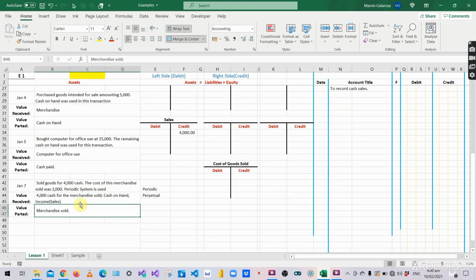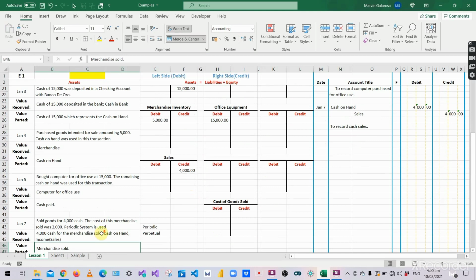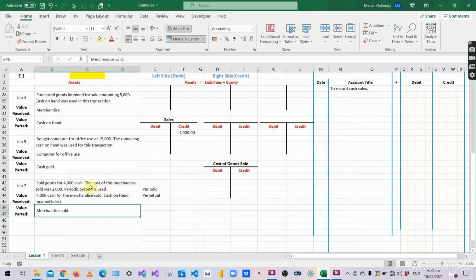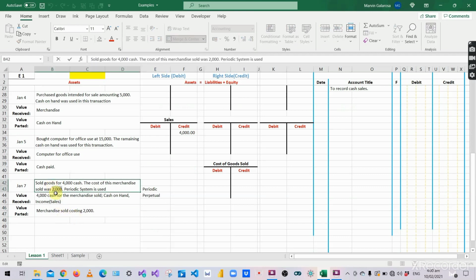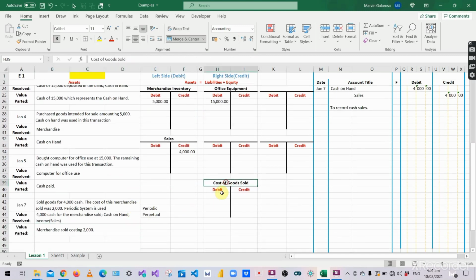So, dito naman tayo sa value parted. So, ang value parted mo, yung merchandise sold. Ano yung cost niya? Costing to 2,000 pesos. Ito siya. So, meron kang cost of goods sold na 2,000. And accordingly, nabawasan din yung merchandise inventory mo for 2,000 pesos.